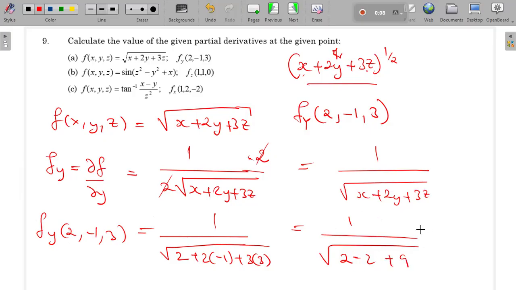So you readily see that's 0, then you have 1 over root 9, and this just gives you 1 over 3. So the value at that given point is going to be 1/3.